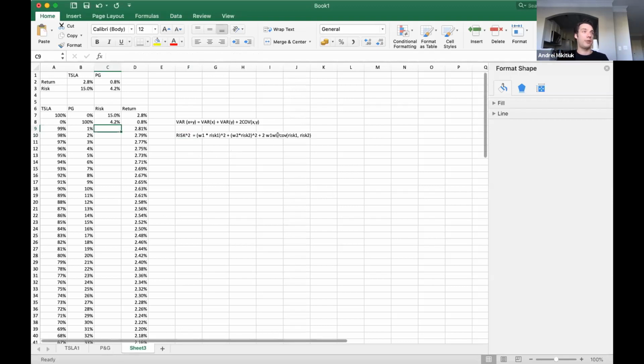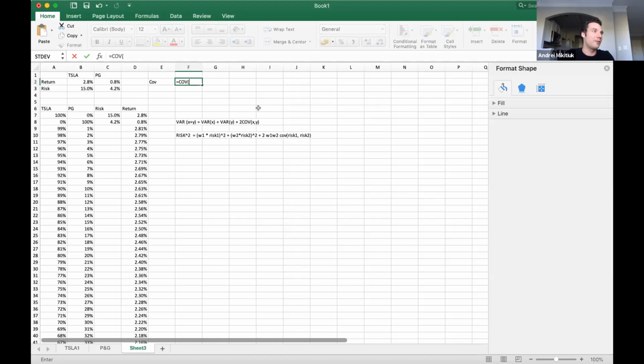What we don't have here is the covariance, so we need to calculate that. In class, Adam prefers to calculate variance and covariance manually. I don't think I'm strong enough for that, so I will use a formula, since Excel does everything for us. Let me Google it.